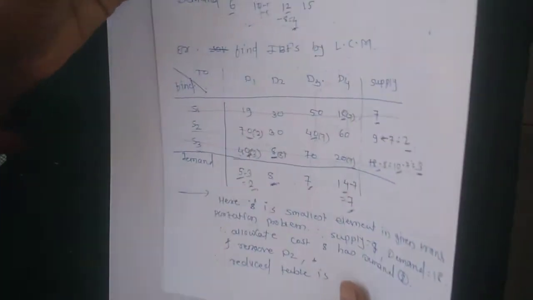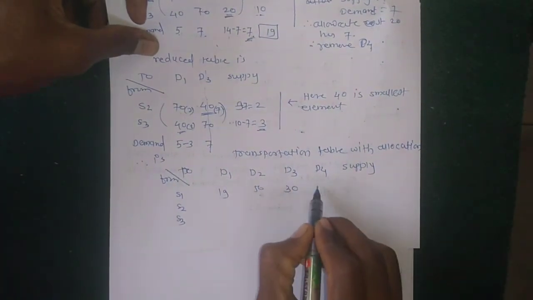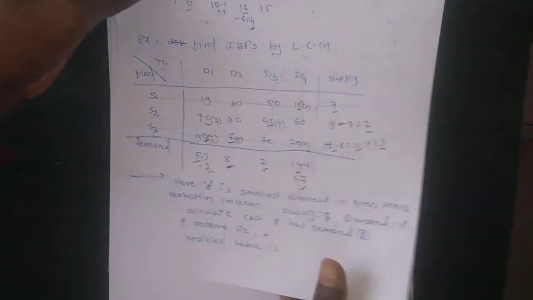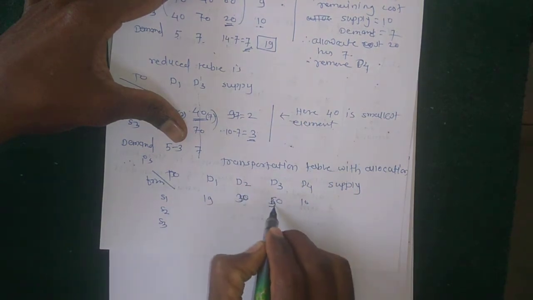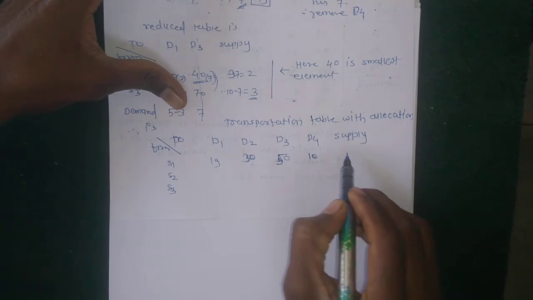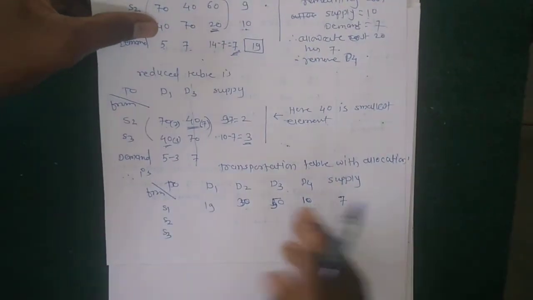D1 has values 90, 30, 50, 10, and their supply is 7.